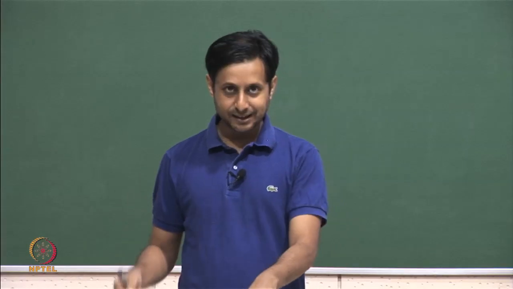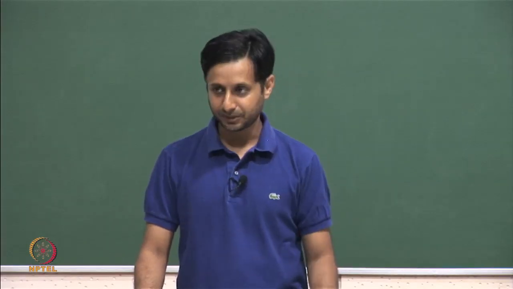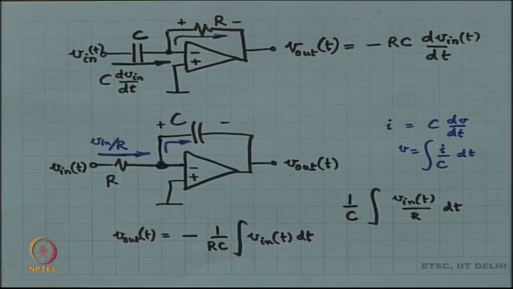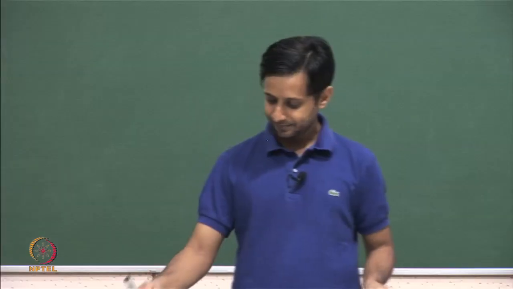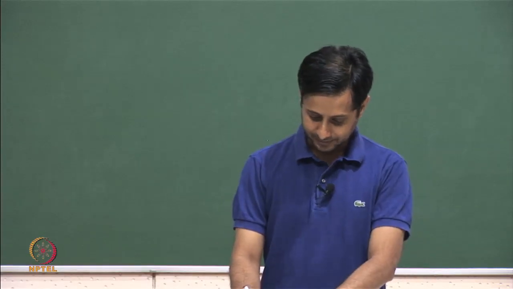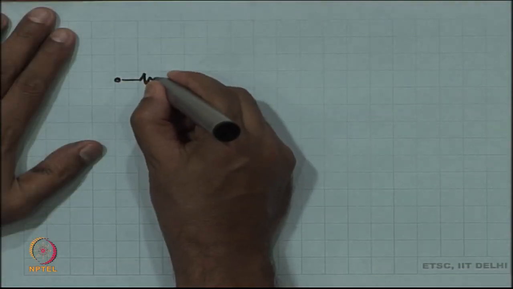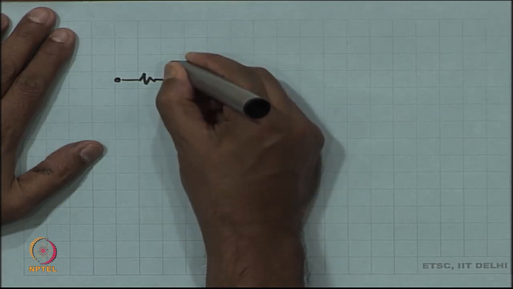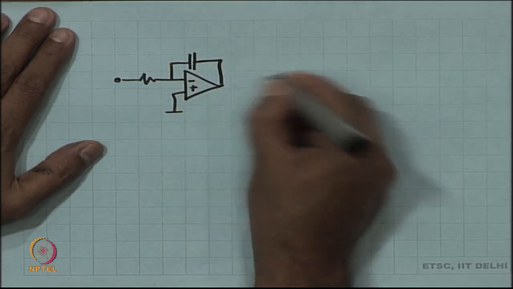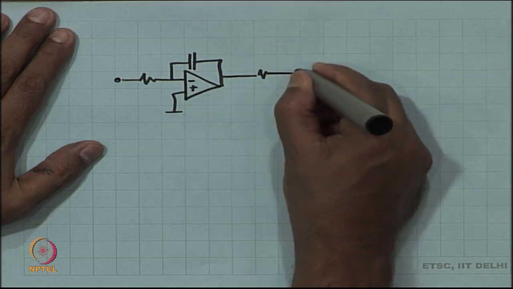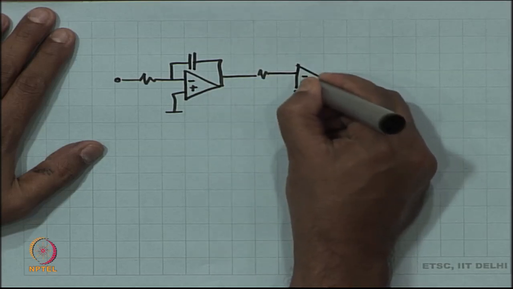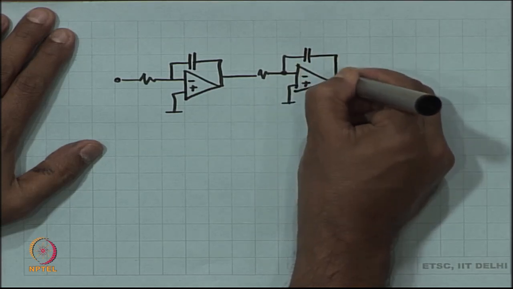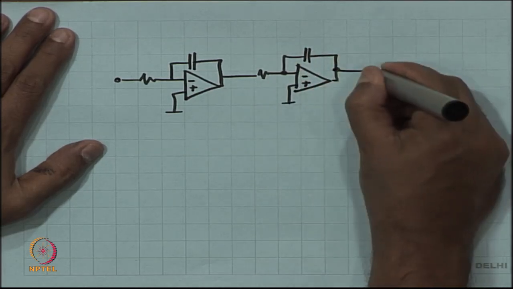So, at this level of abstraction this circuit does not work, but if I use this circuit as part of a bigger block, let us say in a circuit that looks like this. So, this is one integrator, there is another integrator.